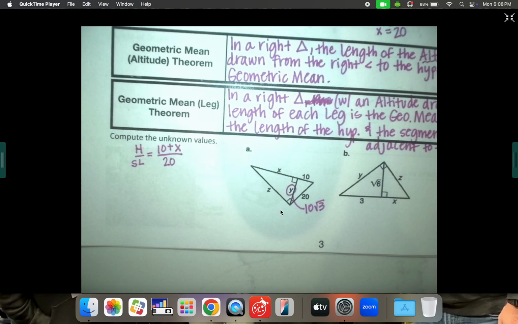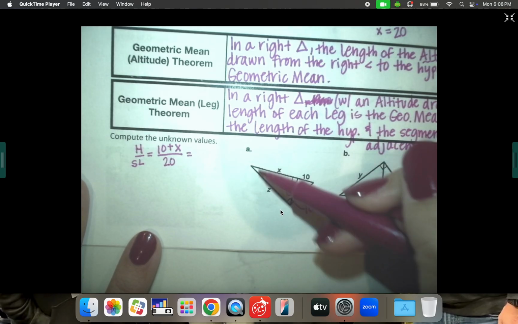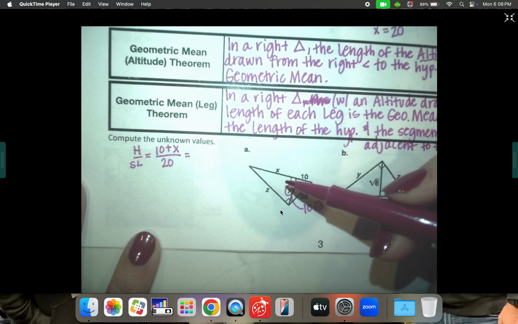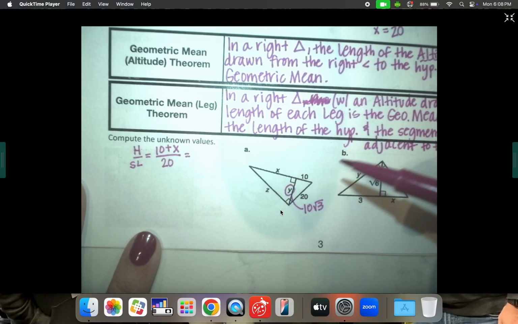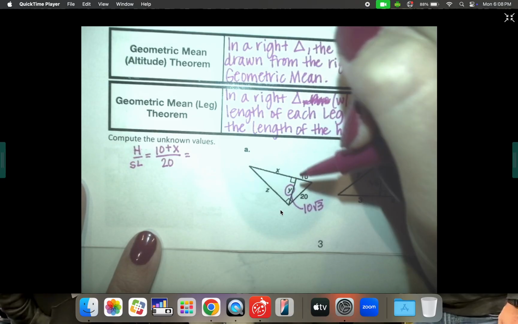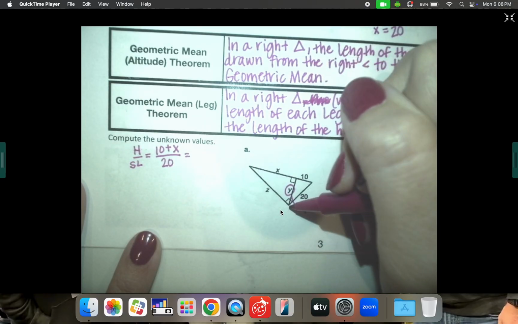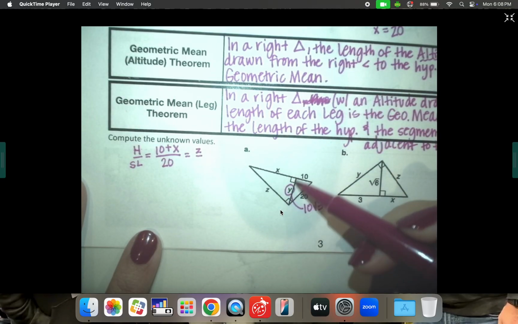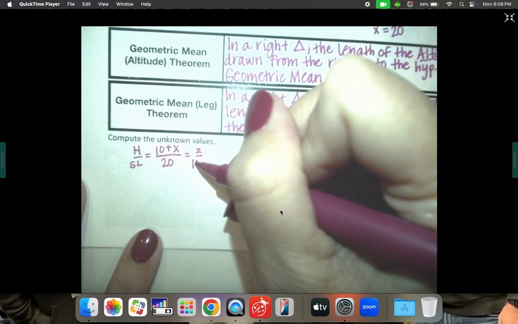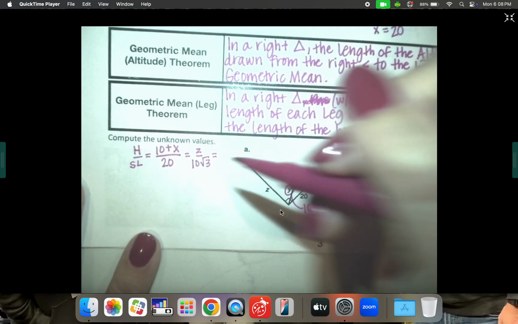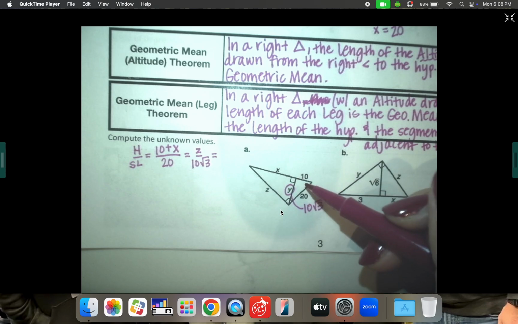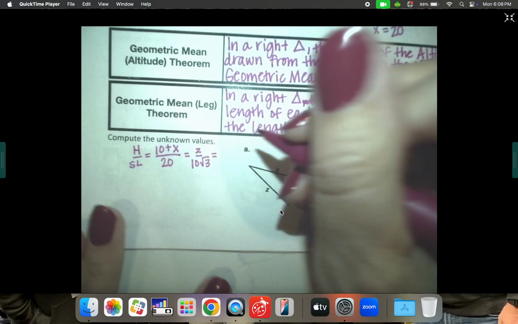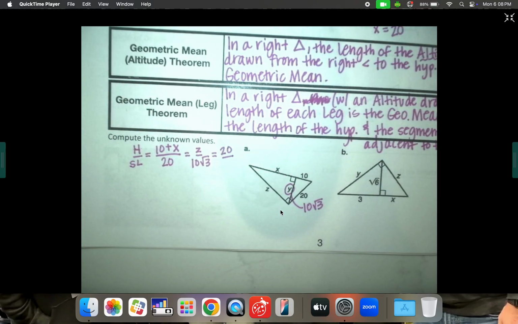In the medium-sized one, my hypotenuse is z over my short leg y, but we know that one's 10 root 3, or you could put it as y, doesn't matter. And then in the tiny triangle, my hypotenuse is 20 and my short leg is 10.